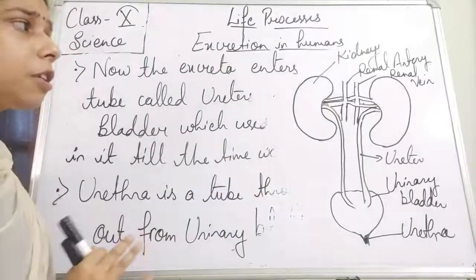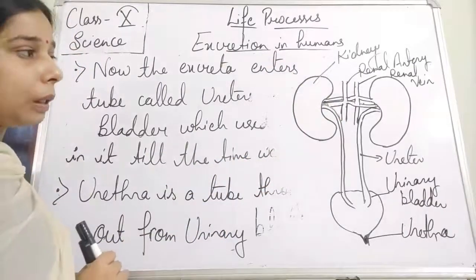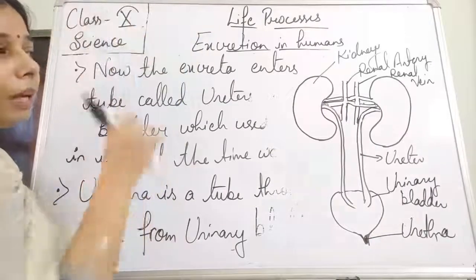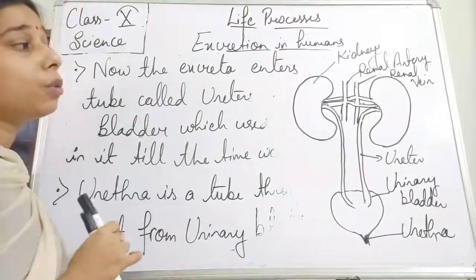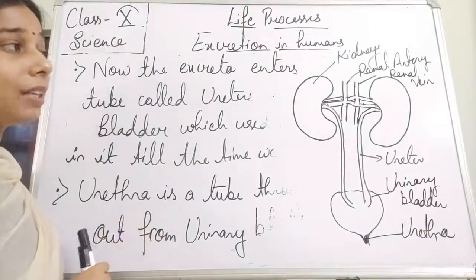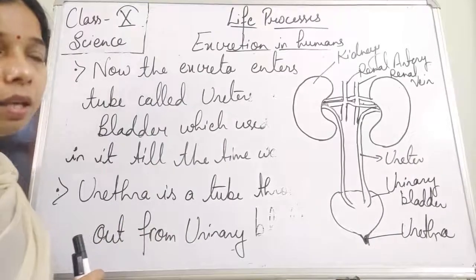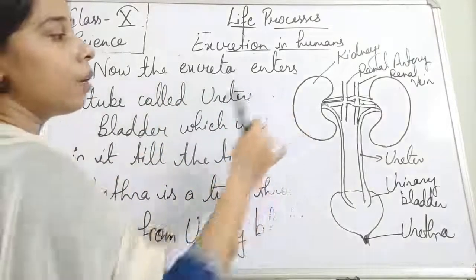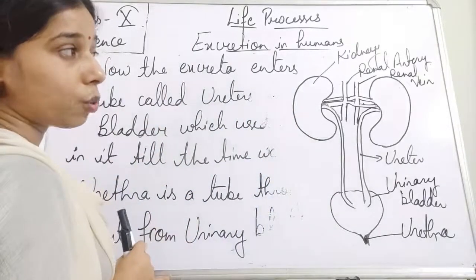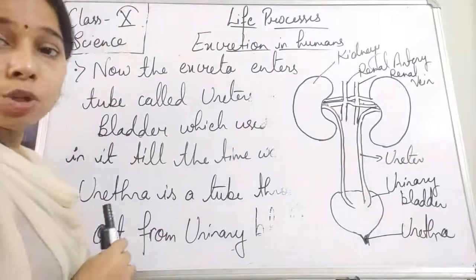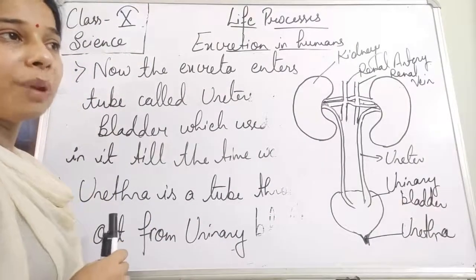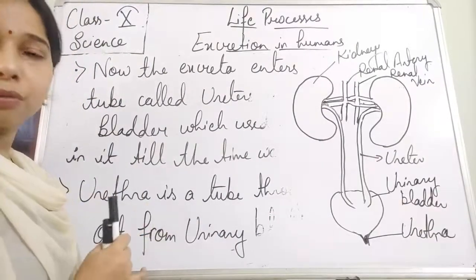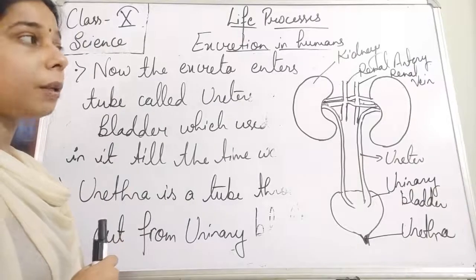But let me tell you that when the dirty blood is carried to the kidney with the help of the renal artery, it gets filtered. So the waste material is taken out from the blood.